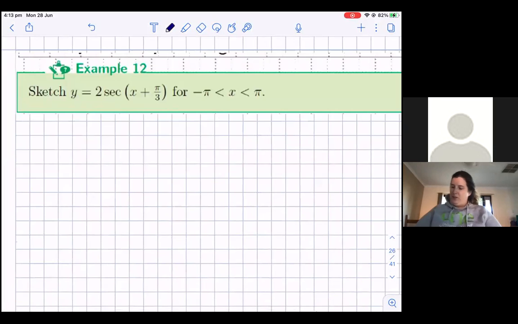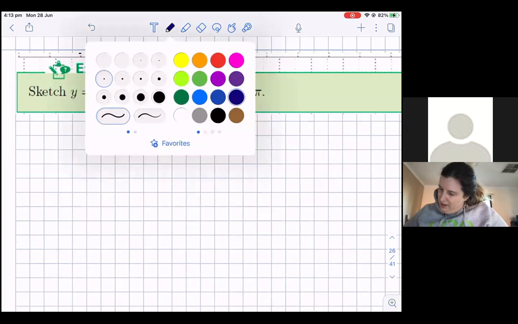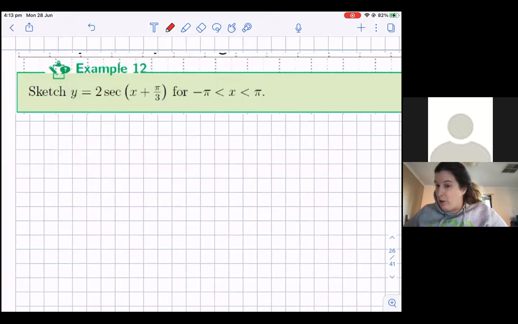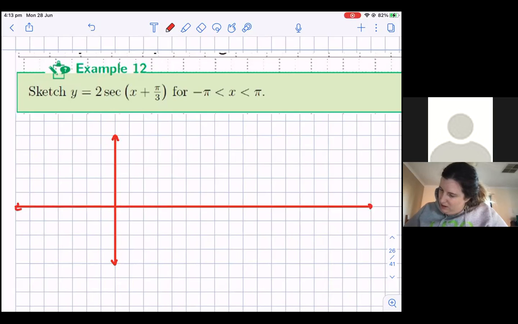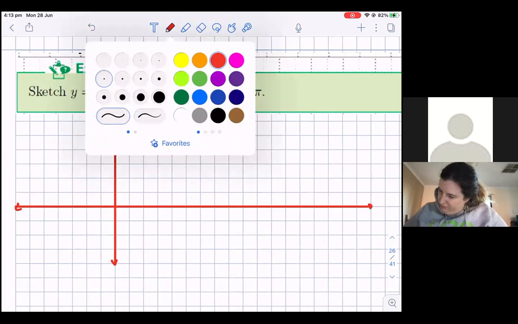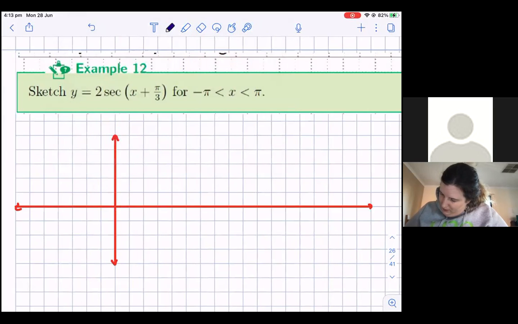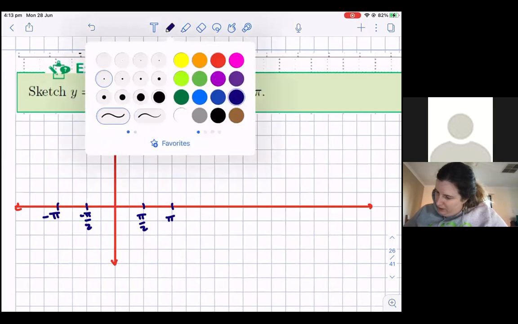Okay, so if I have 2 sec x plus pi on 3, then we're going to have to start off by drawing cos. Now, this is not in the scope of the course, as far as I can tell. So this is negative pi to negative pi, pi to pi.